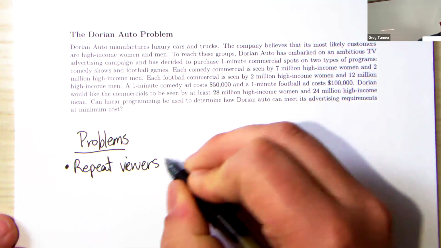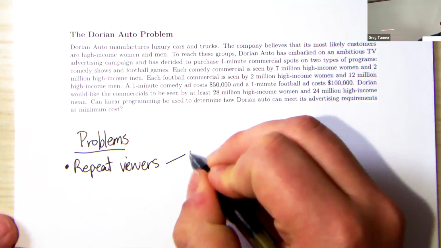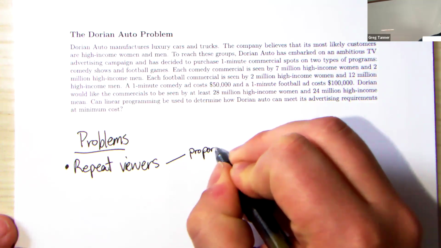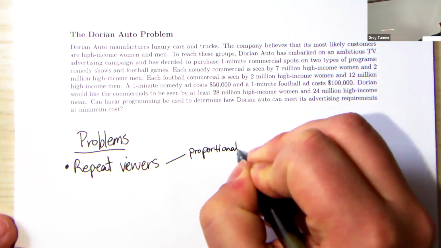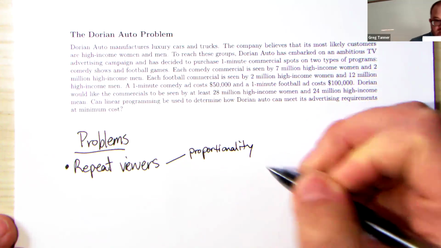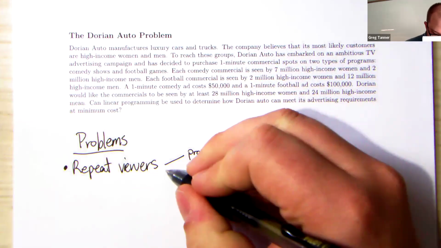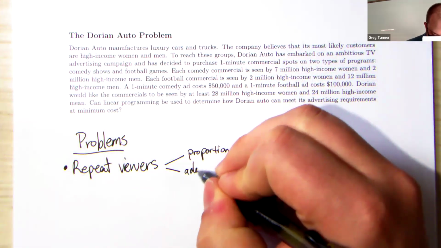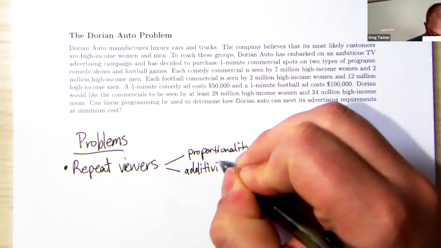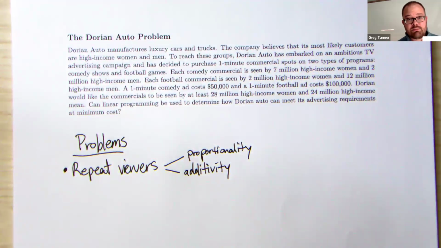And this will violate both proportionality, in that the number of unique viewers is not proportional to the number of commercials that we air. Also, it would violate additivity, mostly because we might expect that there's some overlap between people who watch comedy and football. And so there's repeat viewers across the different programming types.